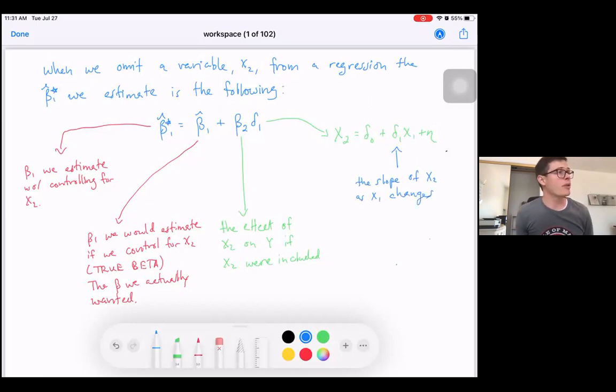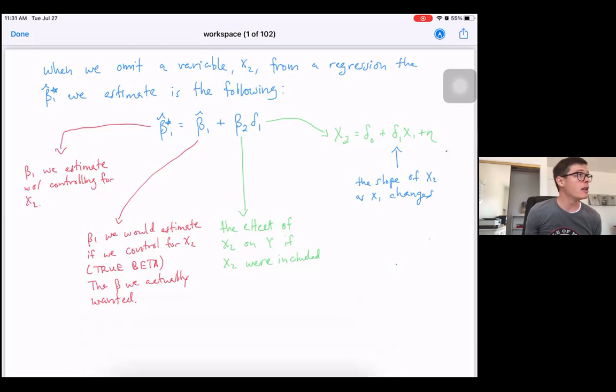So I'm just going to point one thing out that's important, because the best decoy was just to not look at the formula and notice. So there was a question that says this. When we have an omitted variable, the beta estimated can be written as beta 1 star is equal to the true beta plus beta 2 times delta 1.